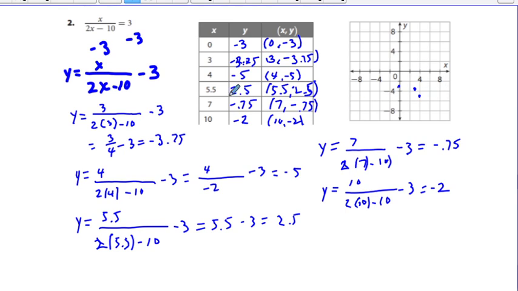Okay, and then we put in 5.5, we get 2.5. So 5.5, 2.5. We put in 7, we get -0.75. And we put in 10, we get -2. So what we're looking like is this.